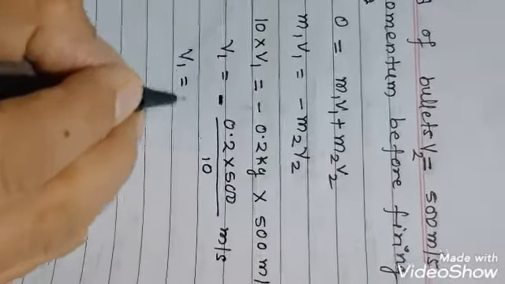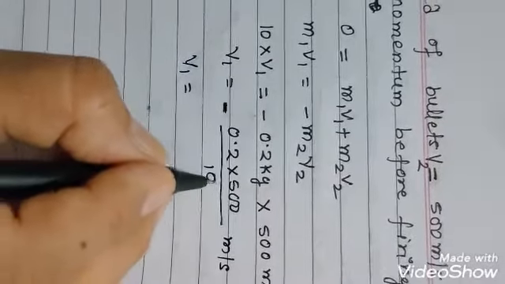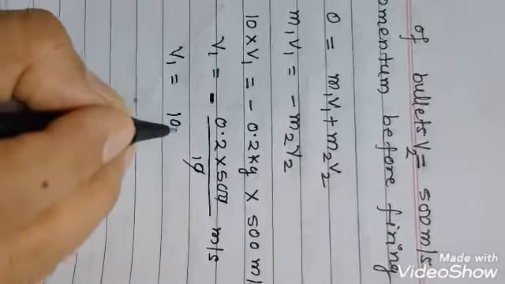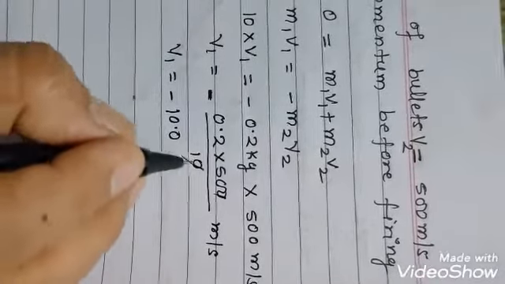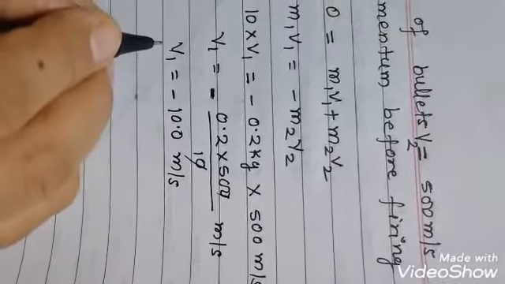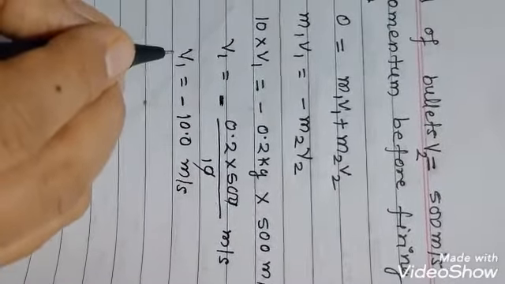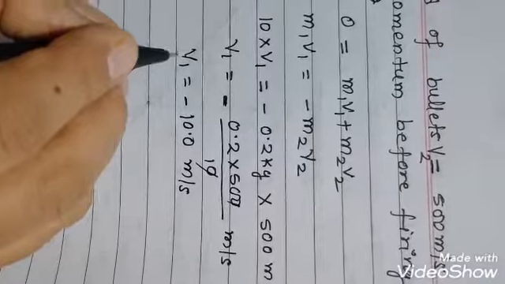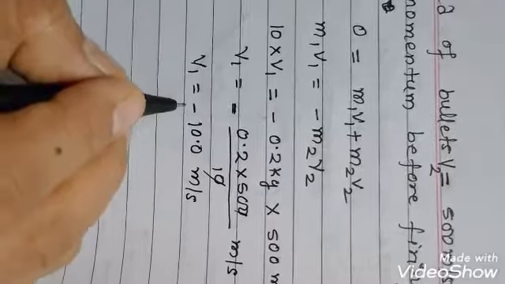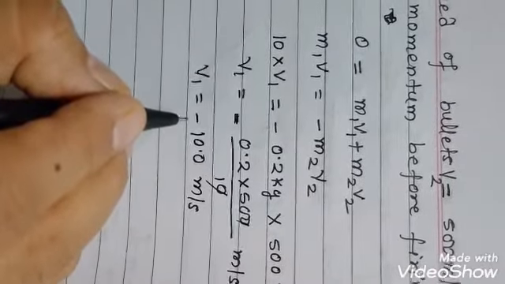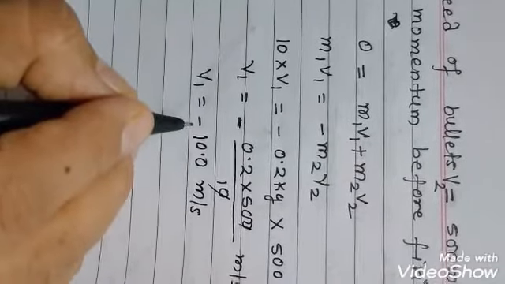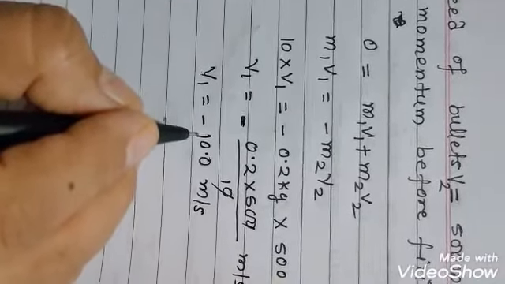You can see that the 0 will be cancelled and it will come to minus 10.0 meter per second. So it indicates the magnitude of the velocity of the gun is 10 meter per second, and it will be in the opposite direction to where the bullet is moving, that is in the backward direction. So you can simply say the speed is equal to 10 meter per second.